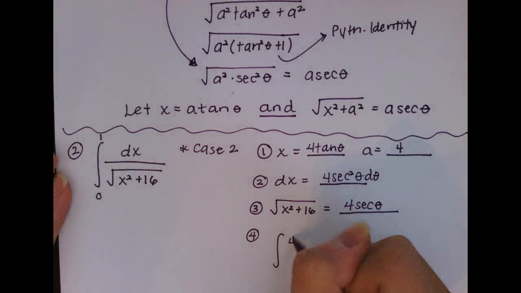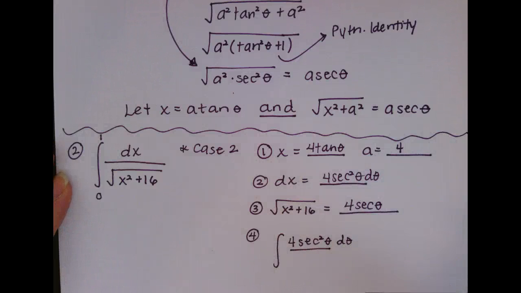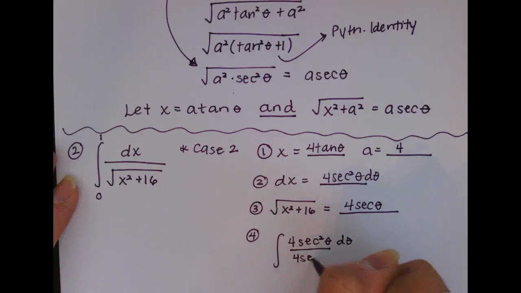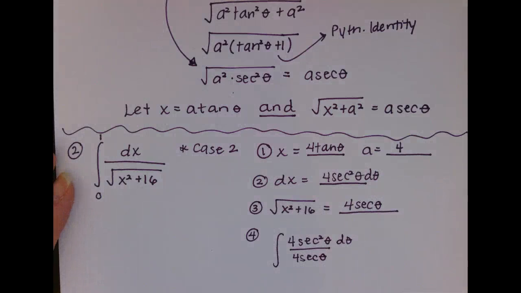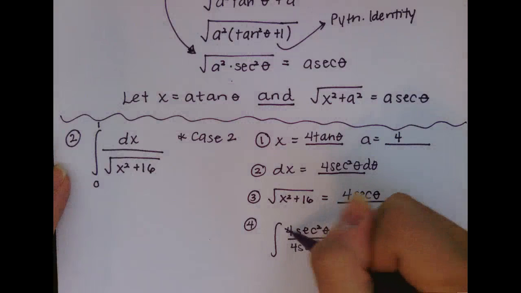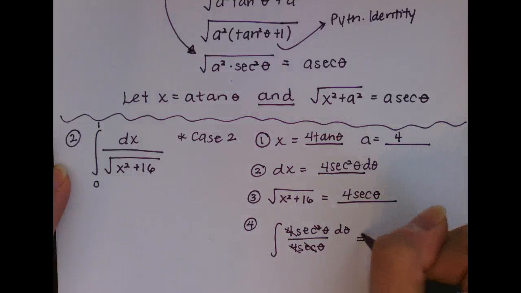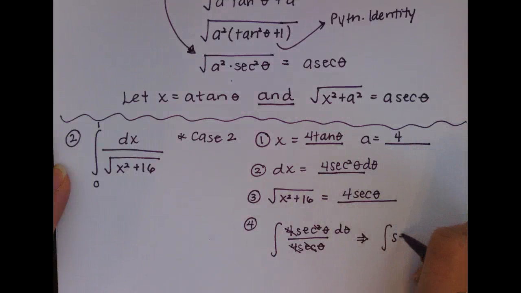Putting all of that together, my dx can be replaced with the 4 secant squared theta d theta, and my denominator is 4 secant theta. So we're seeing some cancellation again, so that really we're just integrating the secant of theta d theta.